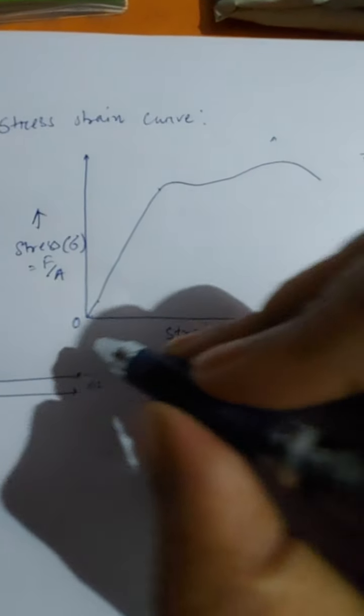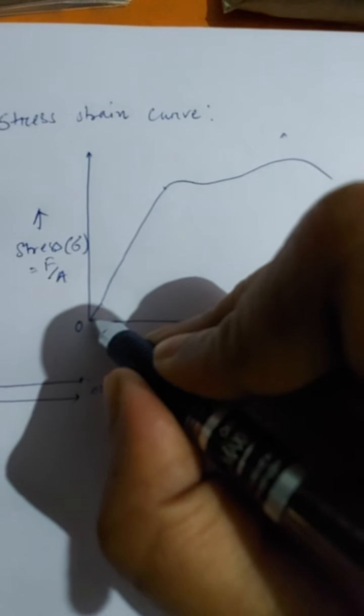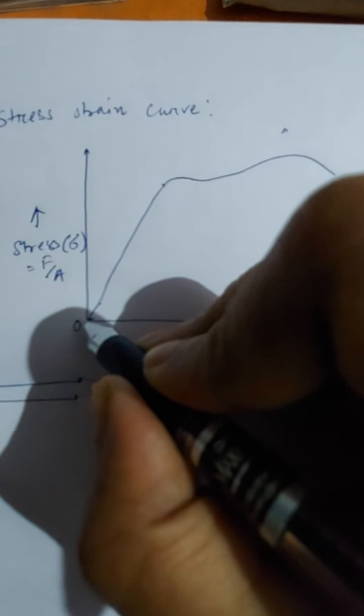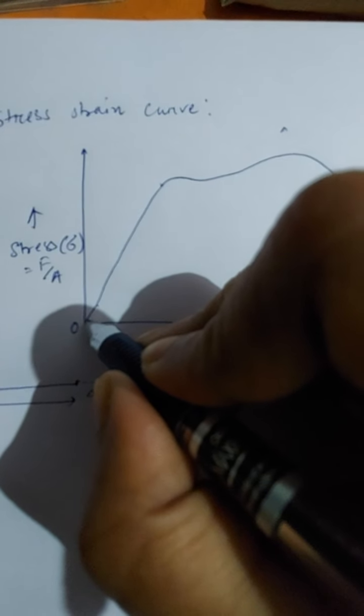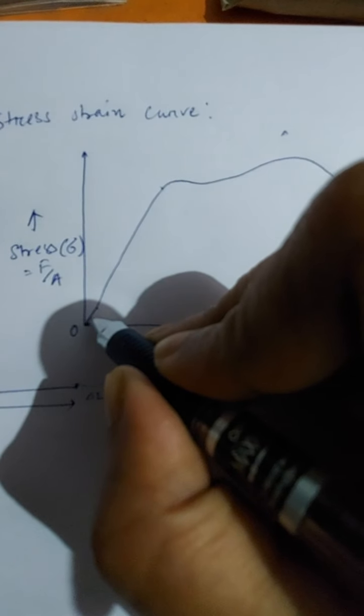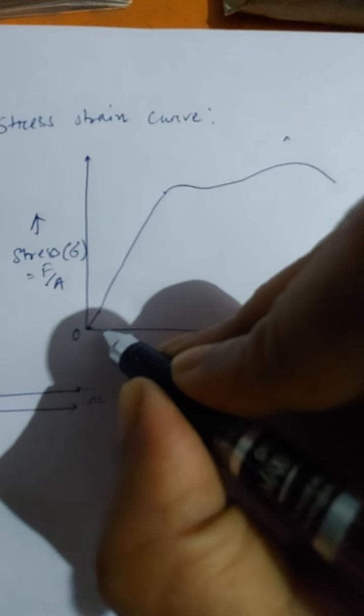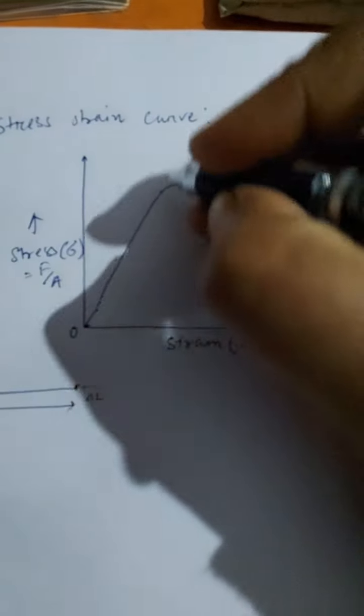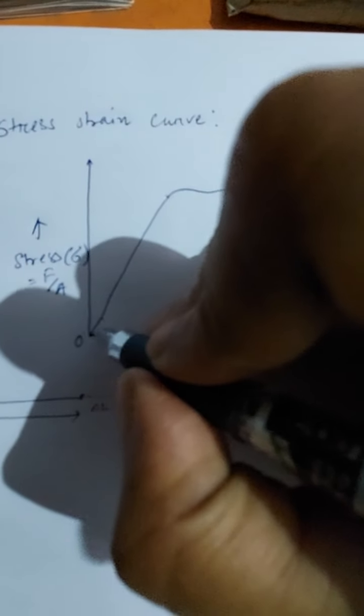Initially, as you can see, suppose this is the point O, where stress and strain are both 0. As we keep increasing the stress, the strain will also increase.